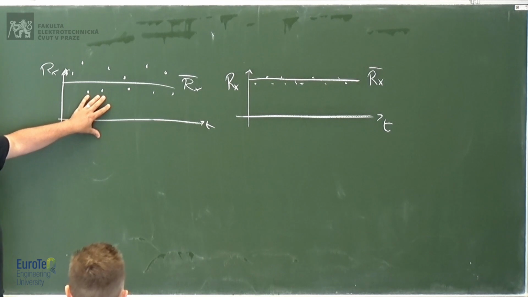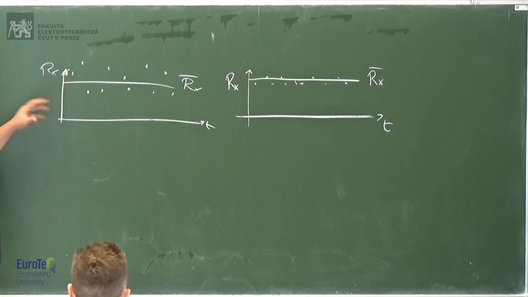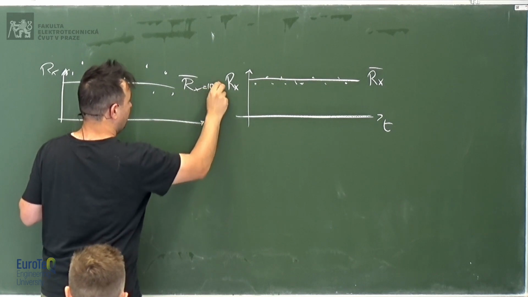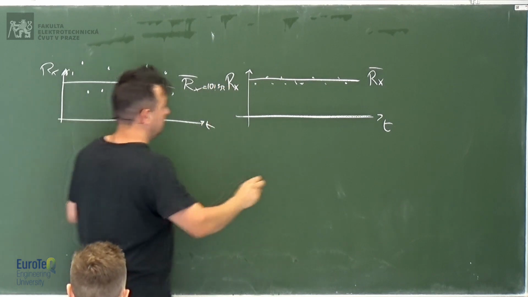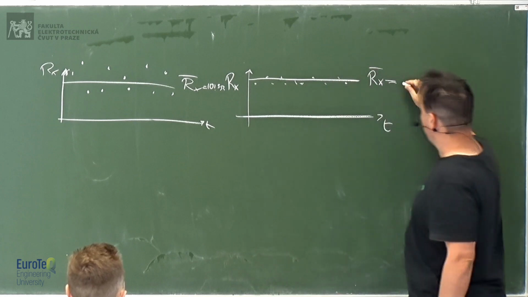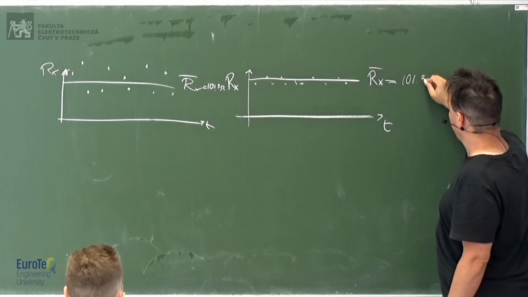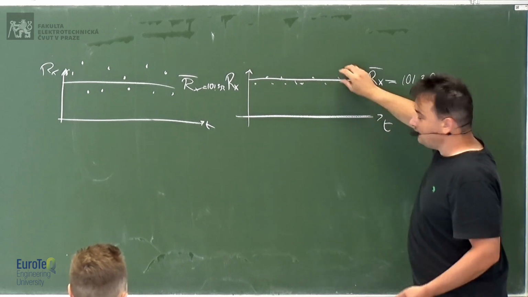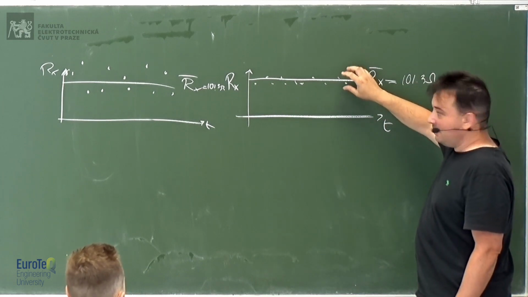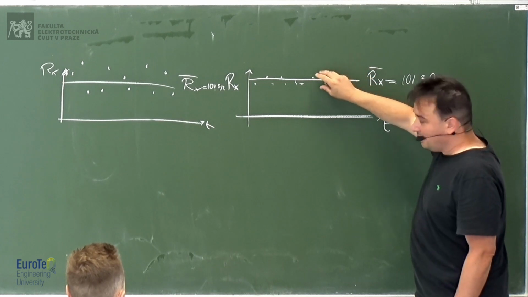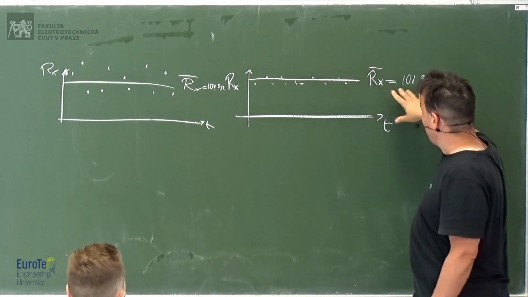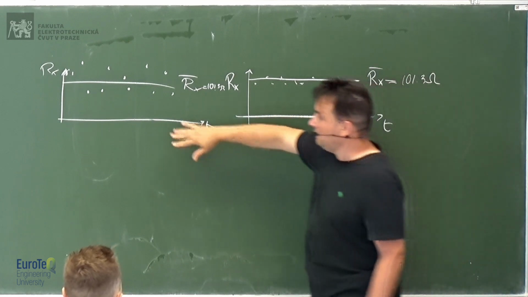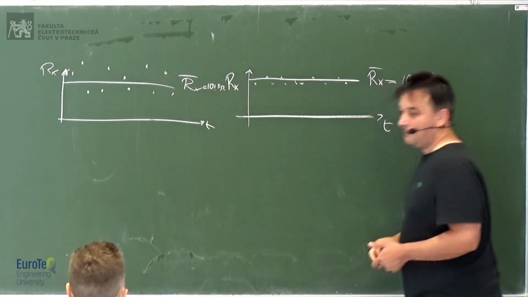So, I don't know, you measure 101.3 ohms. In both cases the average is 101.3 ohms. But here, all the measurements are close to the 101.3 ohms average. Here, they are far away.